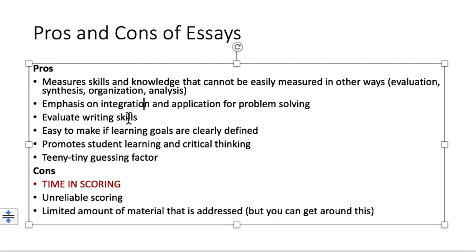It also helps me evaluate writing skills, which may or may not be part of my learning goals. Now, one of the things we'll talk about is that writing skills might be something that you're targeting in every class that you teach, not just language arts, because it's so important.